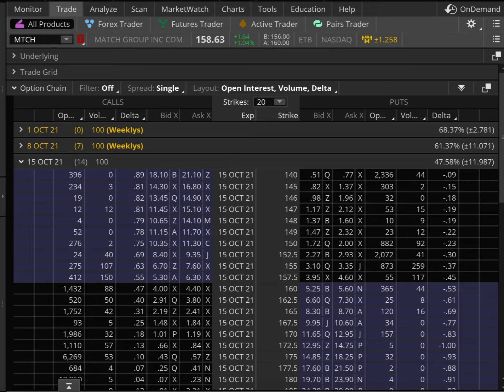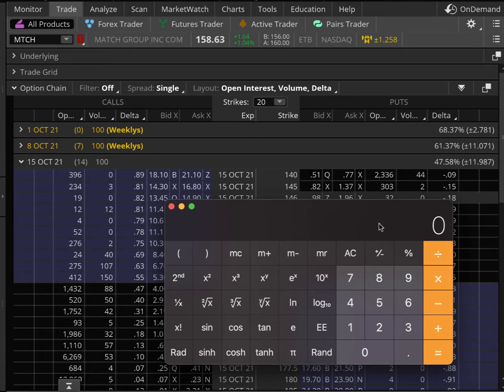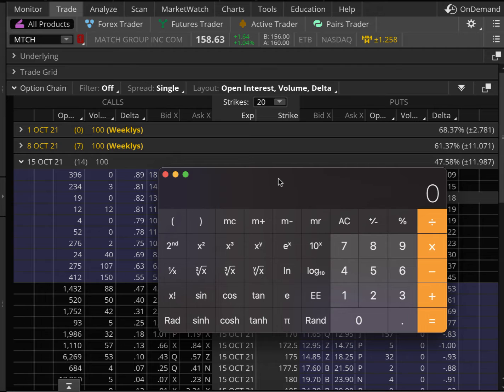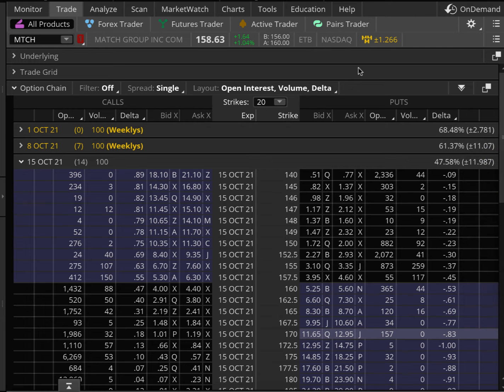What you can do to establish a trading range on or before October 15th is get a calculator and determine the upper range of trading by adding this number, 11.98, to the market price. So 158.63 plus 11.98. So $170 is the upper trading range for MMM on or before October 15th.